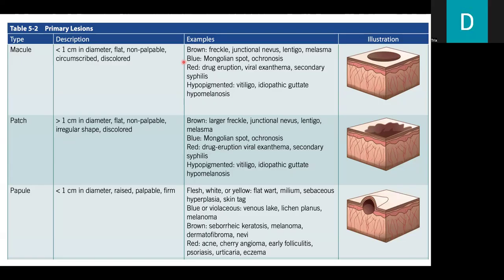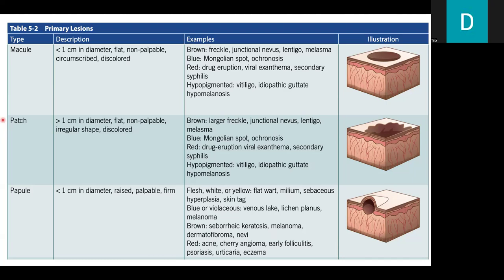If it's blue, it's Mongolian spot or ochronosis. If it's red, drug eruption, viral exanthema, secondary syphilis. If it's hypopigmented, vitiligo, idiopathic guttate hypomelanosis.